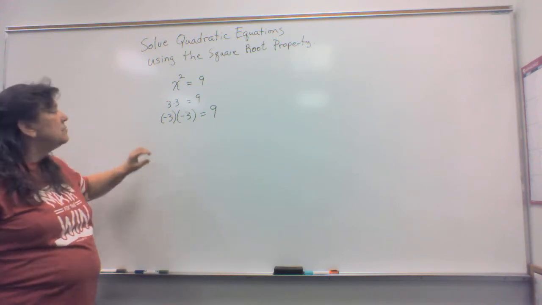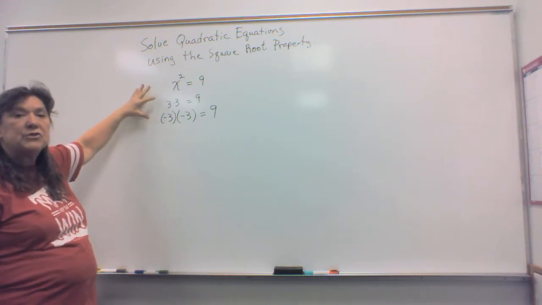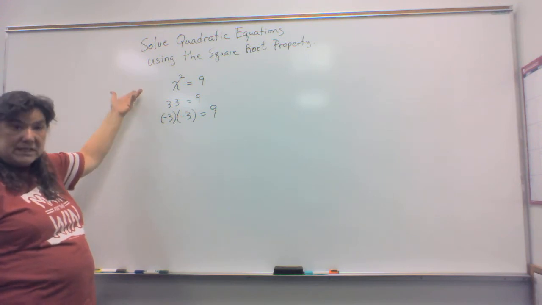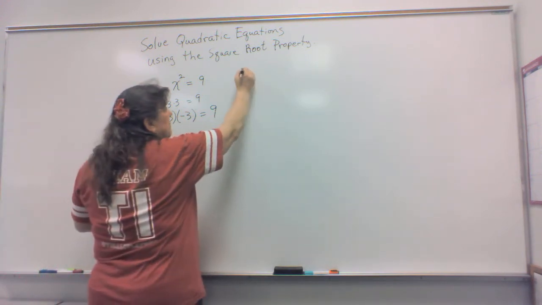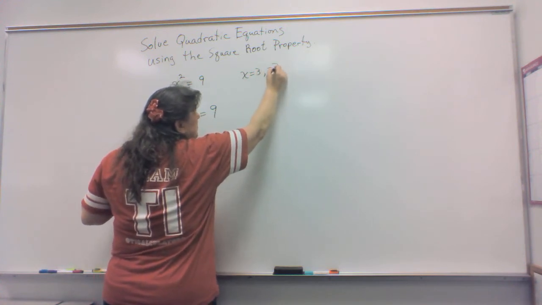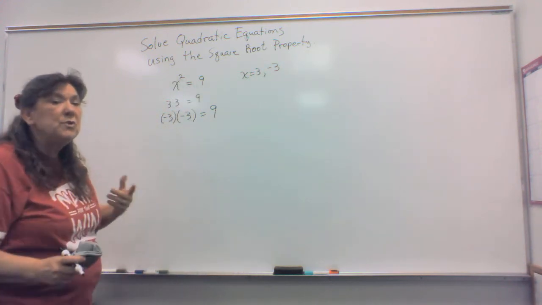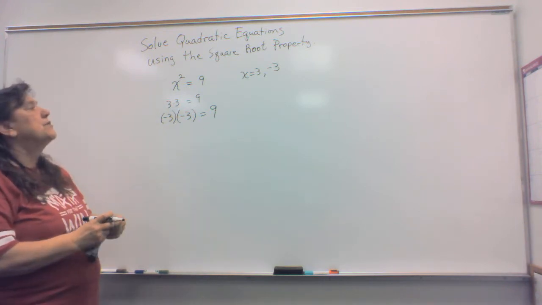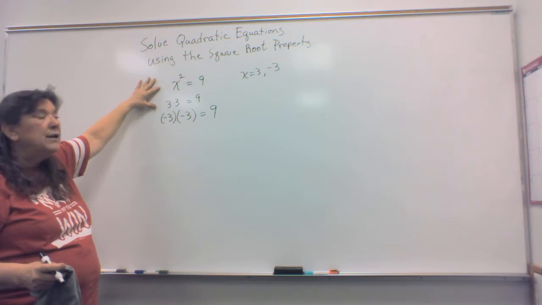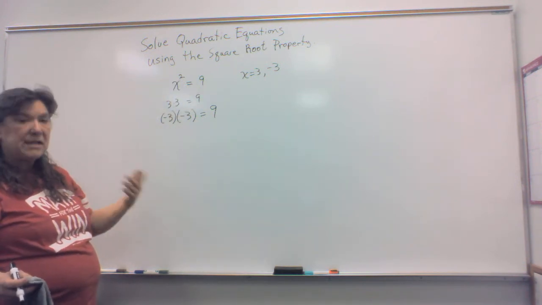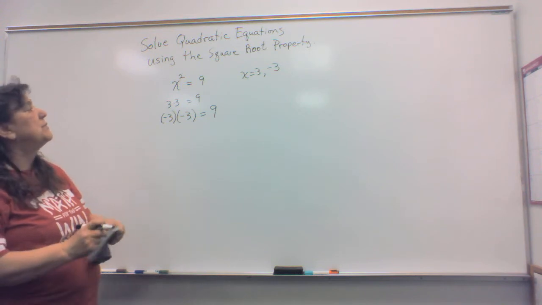So by this we can see that we actually have two potential answers to this problem, which is exactly right. So we have x is equal to 3 or x is equal to negative 3. So we have two answers when we have a quadratic equation. And this one we could do in our head, because we knew that 3 times 3 was 9 and negative 3 times negative 3 was 9.